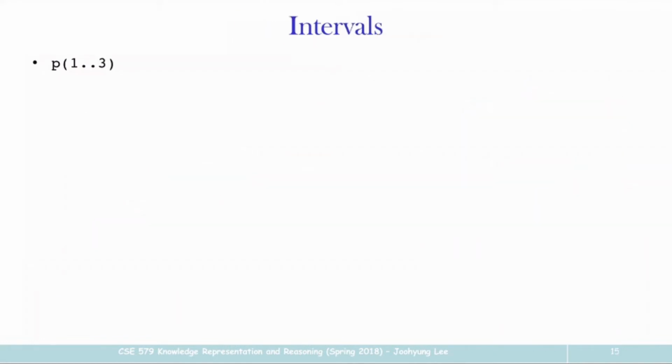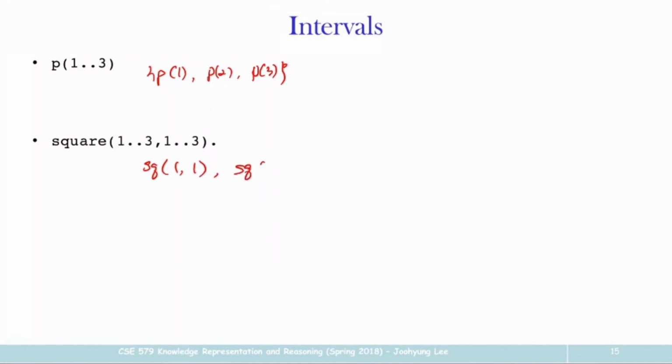We already have done the intervals. So what are the answer sets of this? P1, P2, P3. We can just skip that part. Let me just write here: the answer set will be this. What about this one, square 1,2,3, square 1,2,3? Yes, you're well prepared for the quiz then.